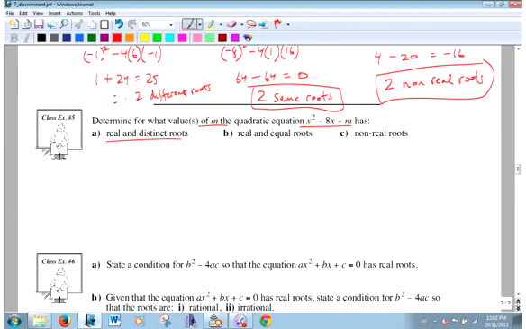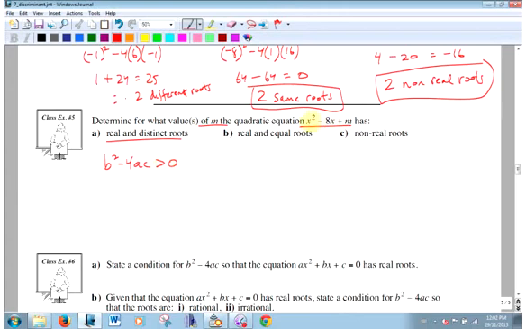What's another word for distinct? Different. What do I know if it has real and different roots? I know the value of the discriminant is greater than 0. Okay? This one's a little backwards. That's where you got to start.